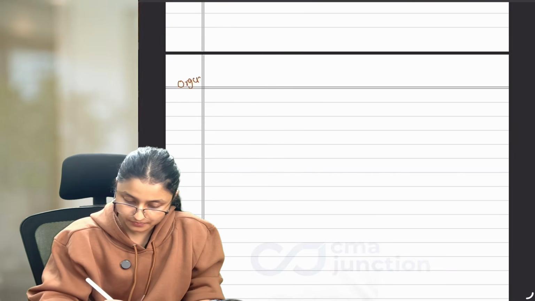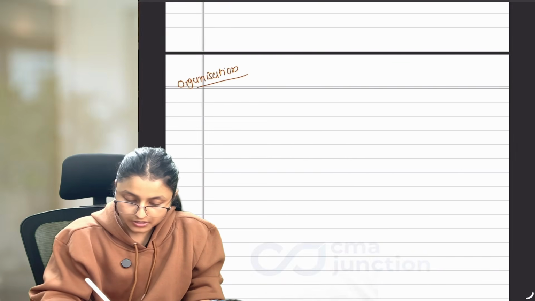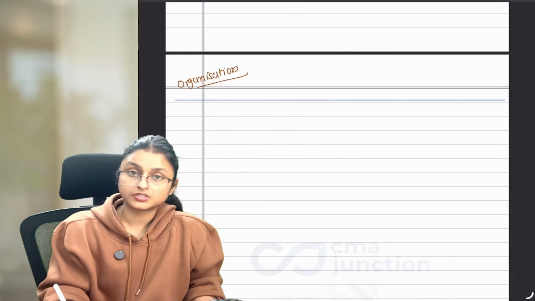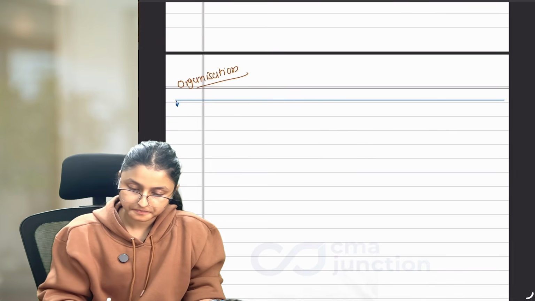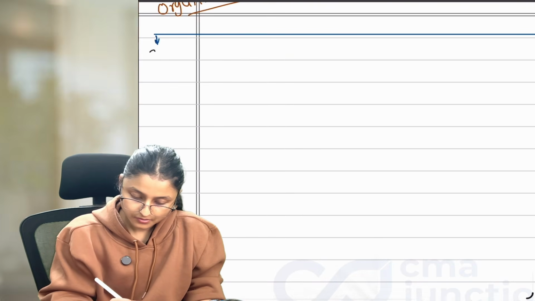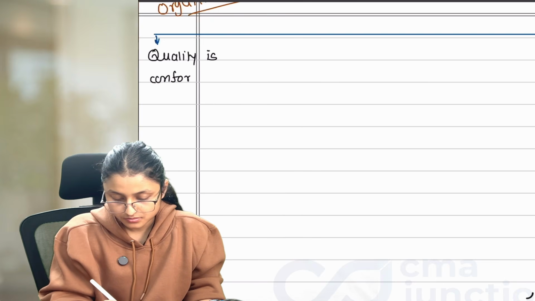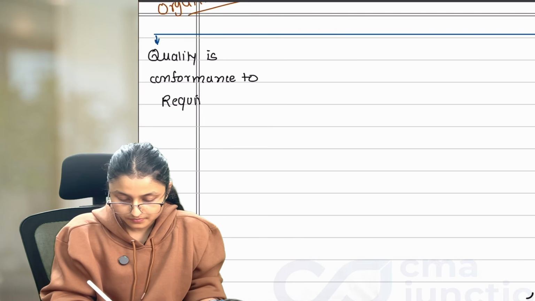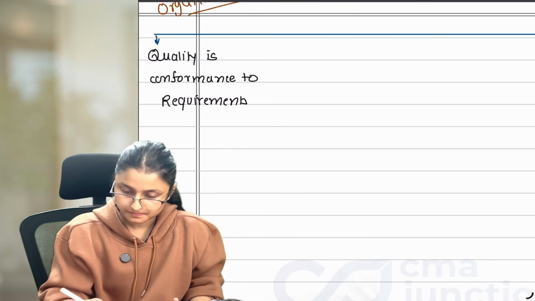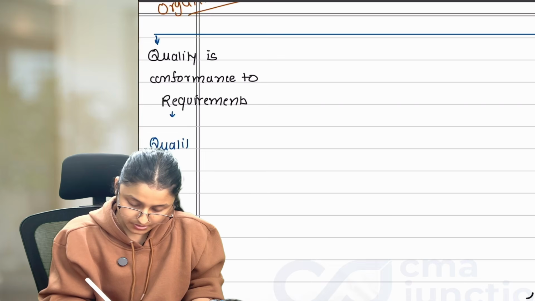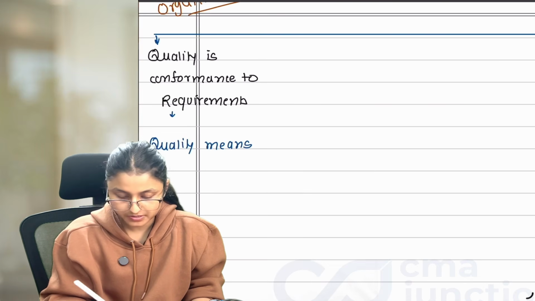Now we are seeing some definitions from the perspective of the organization. First, for the organization, quality is conformance to requirements. Whatever the customer wants, we need to deliver that. Quality is conformance to requirements. So, quality means meeting customer expectations.